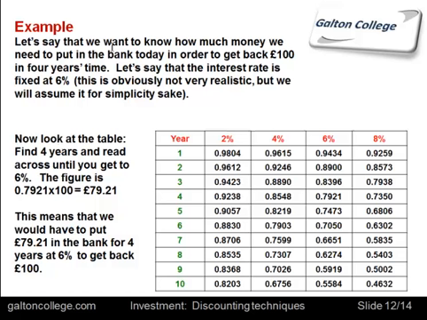First of all, we're going to have £100 for 4 years, so we go to 4 years, and the interest rate is 6%, so it's over here: 0.7921. So you multiply 0.7921 times the 100, which is £79.21. This means that we would have to put £79.21 in the bank for 4 years at 6% to get back £100. You can find those tables quite easily.